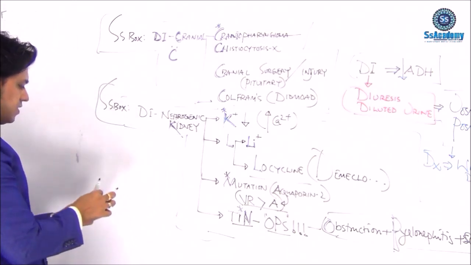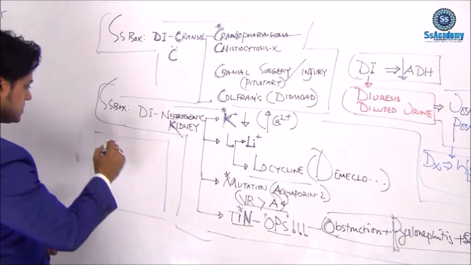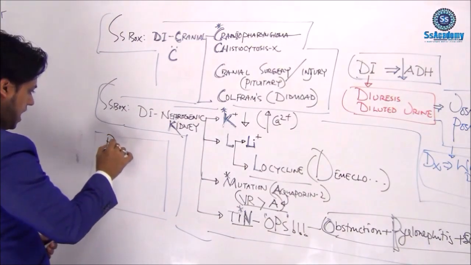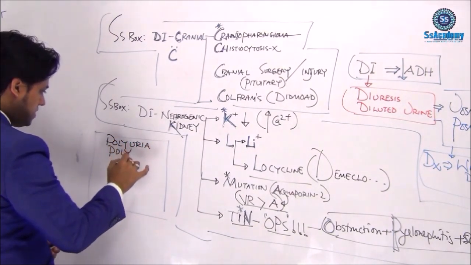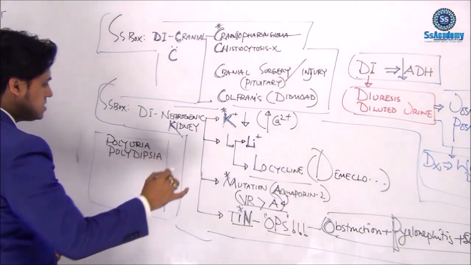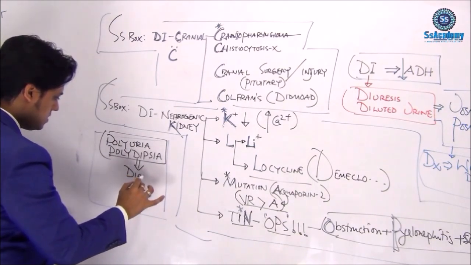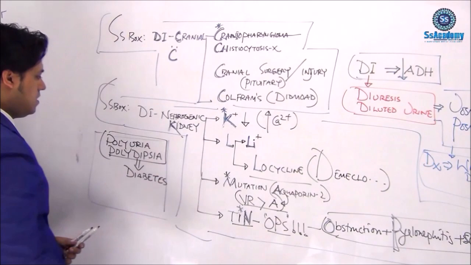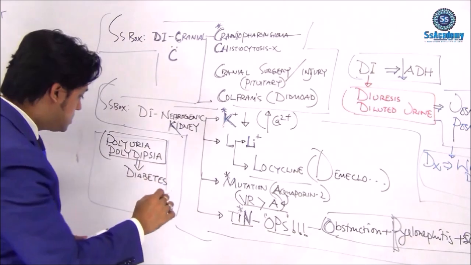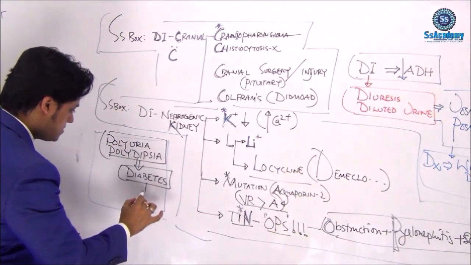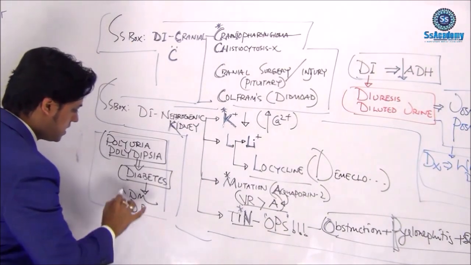So my dear, listen very carefully, another small box I am giving here. If we have polyuria and polydipsia, these two words, I say always, mean diabetes. So having DM is the first cause and diabetes insipidus is the second cause.